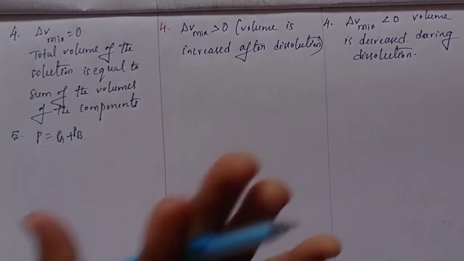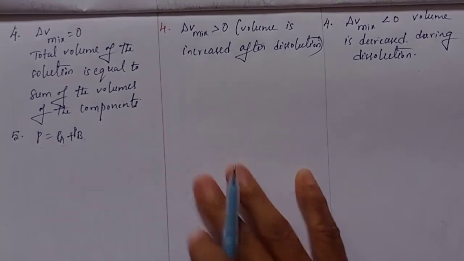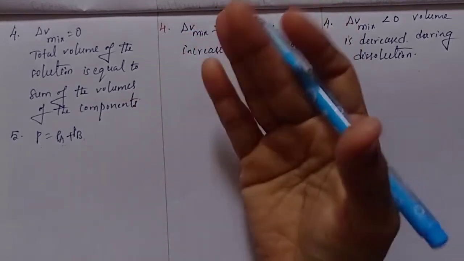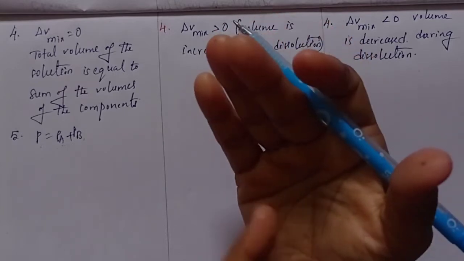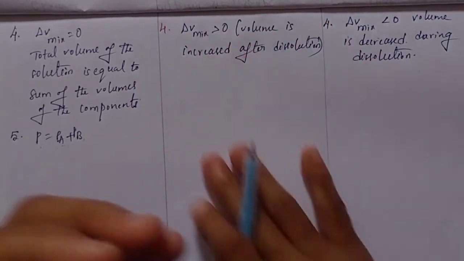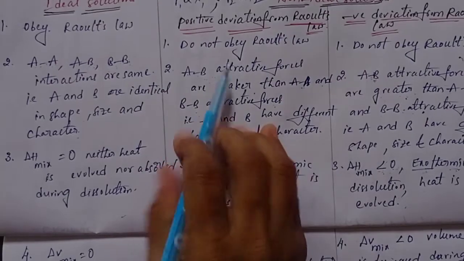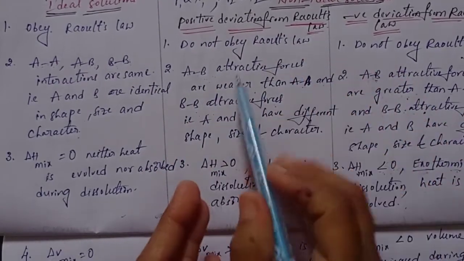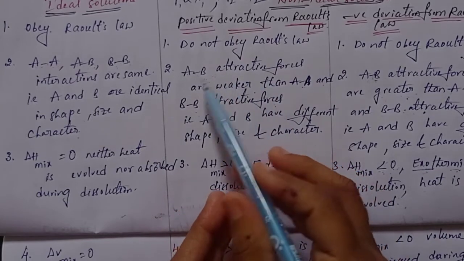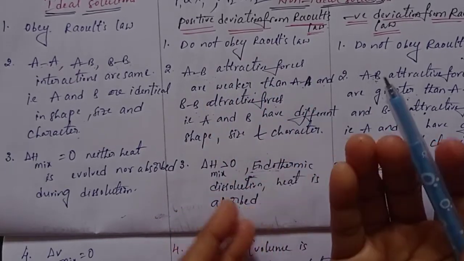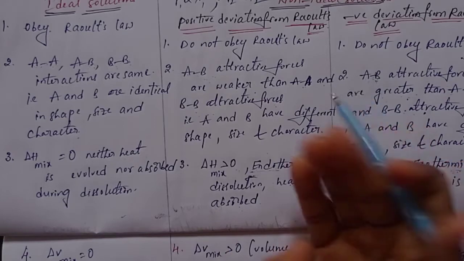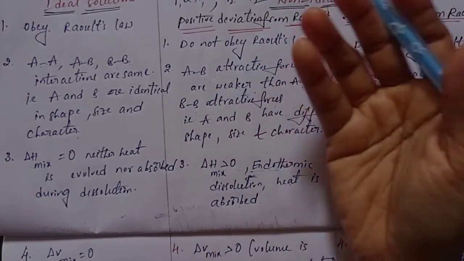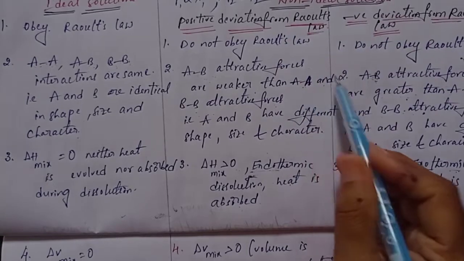Clear in this case? But what about in this case, students? AB attractive forces are weaker, that means in solution the attractive forces between two different components are weaker, correct or not? Here AB attractive forces are weaker in solution. So what will happen, students? Solution total pressure is greater, correct or not? Because they are weaker, the total solution pressure is greater than the individual components' vapor pressure.